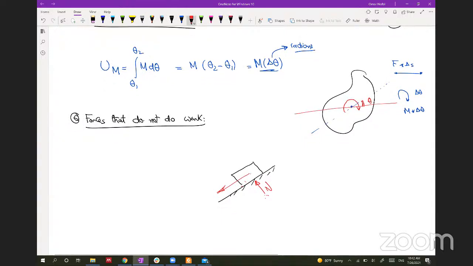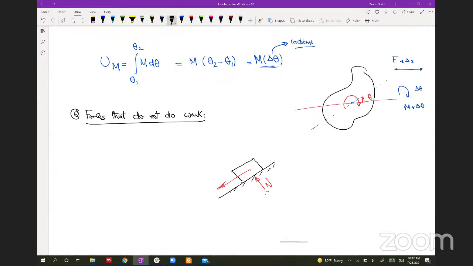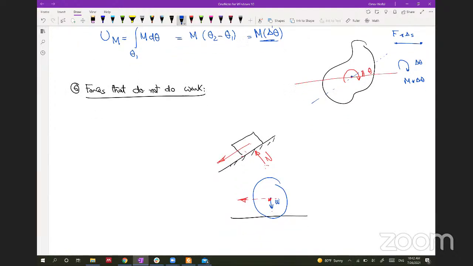Similarly, if we have a wheel and the weight of this wheel is going down, the weight doesn't exert any work because this wheel is moving this way and the weight is going down. So the weight will not be exerting any work because it's perpendicular to the direction of the motion. And similarly, the normal reaction from the ground on the wheel will not exert any work.